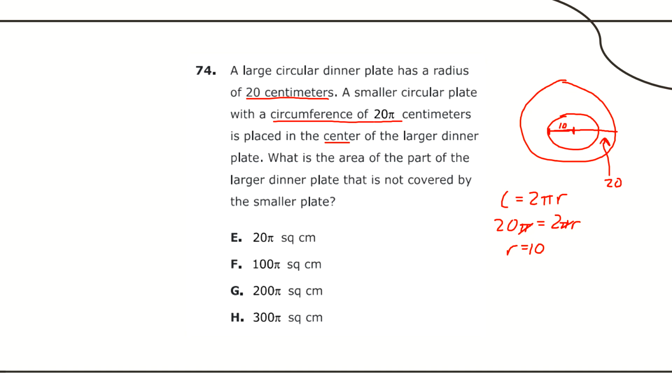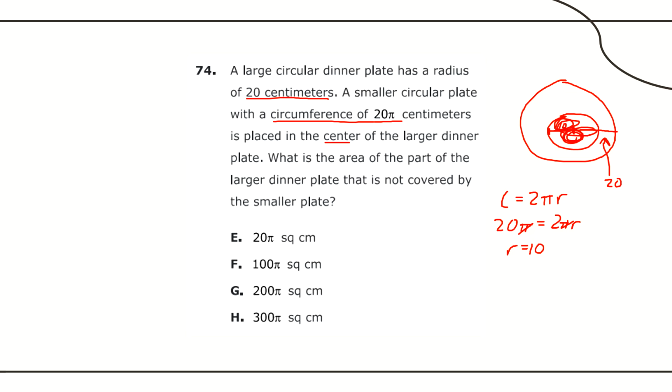Okay, and now we get to the question that's asking, what's the area of the part of the larger dinner plate, which is the outside one, that's not covered by the smaller plate? Well, the smaller plate covers this much, right? It's the interior, and the exterior that it isn't covered by, we'd have to find the area of both.